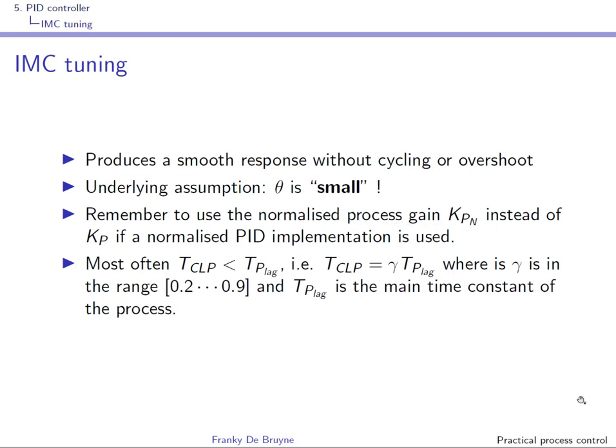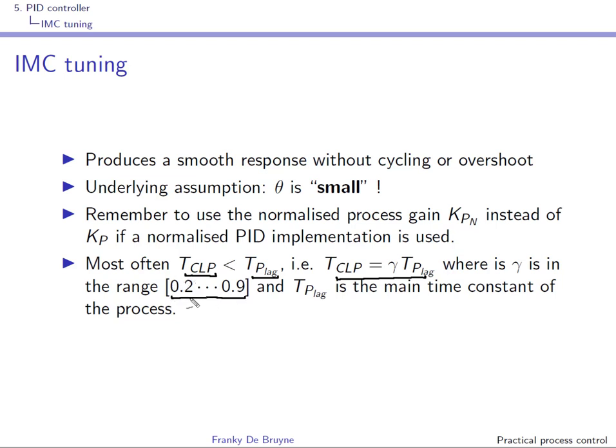Of course, you also have to set the desired closed loop time constant. And often it is set smaller than the main time constant of the process. Very often what is done is that the desired closed loop time constant is set as the main open loop time constant times a factor gamma, where gamma is in a range 0.2 to 0.9.